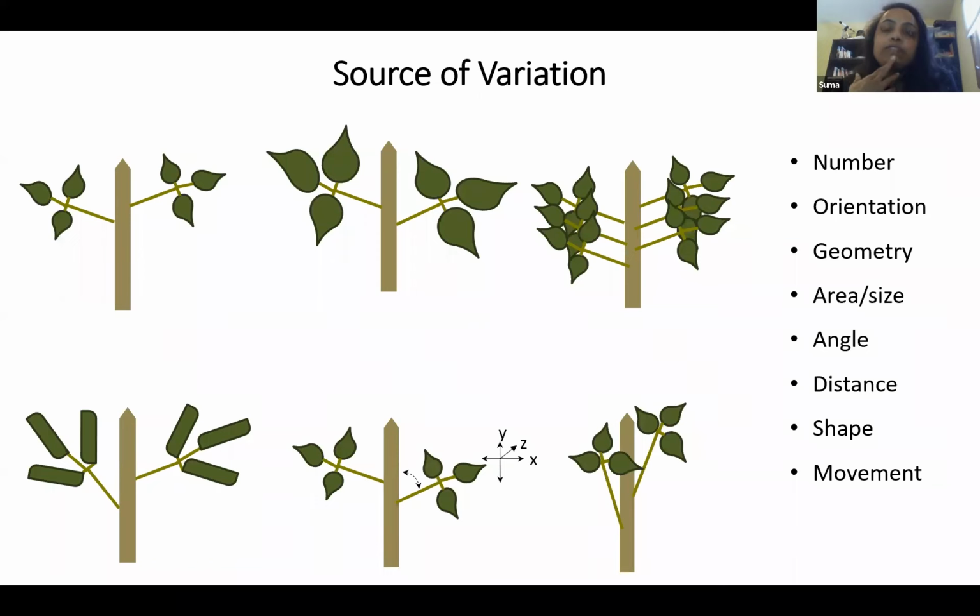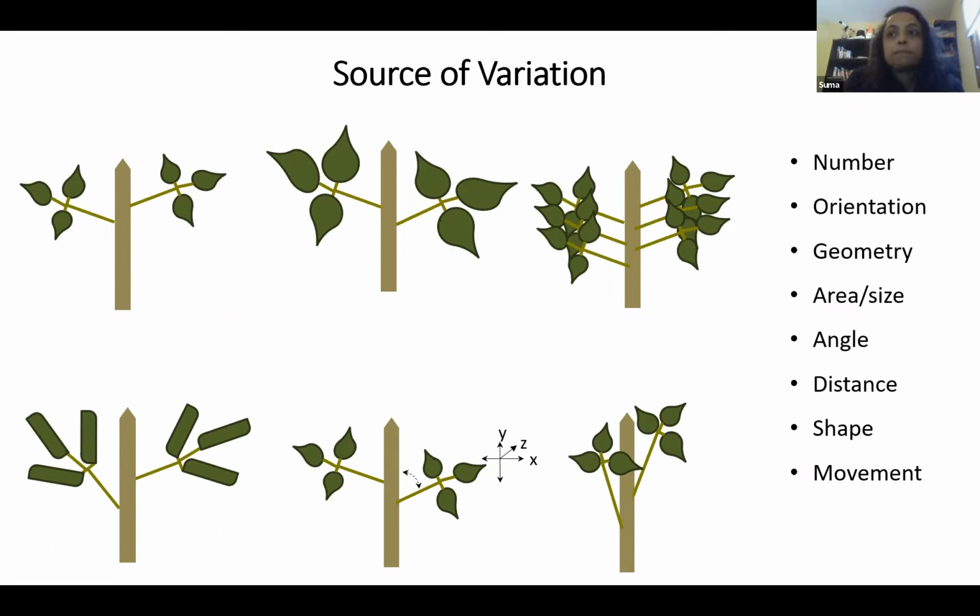It could be the number of leaves, how the leaves are placed on the plant, the geometry of the leaf, the size of the leaf, the shape of the leaves, and even the leaves can move. Over a period of the day, it tracks the sun. So how does it move? To what extent does it move? All of it makes a difference.